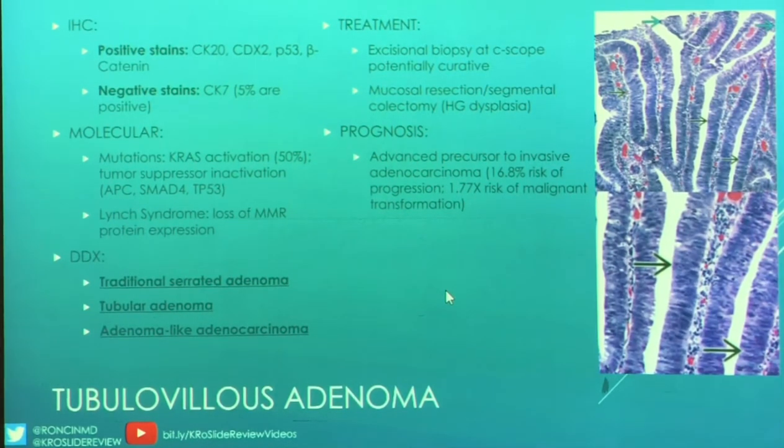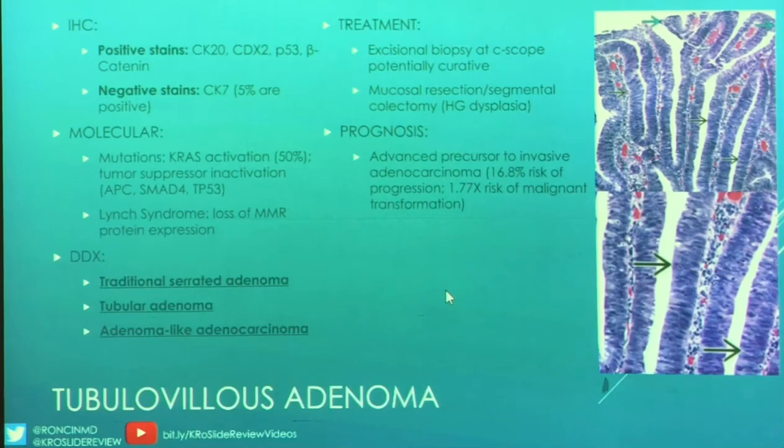Treatment, if it's small enough, they might be able to excise it on colonoscopy. And again, if it's not too big or too much high-grade dysplasia, like if it's more low-grade dysplasia, they might be able to do that mucosal resection, or they might have to elect for a segmental colectomy for high-grade dysplasia and large size.